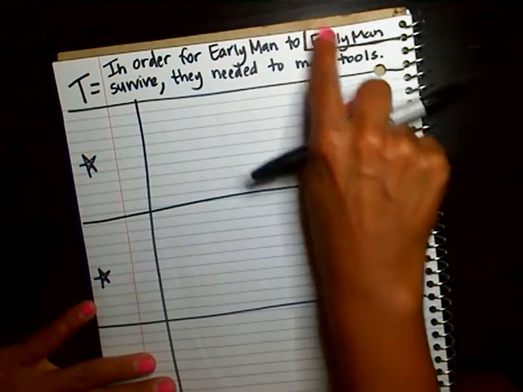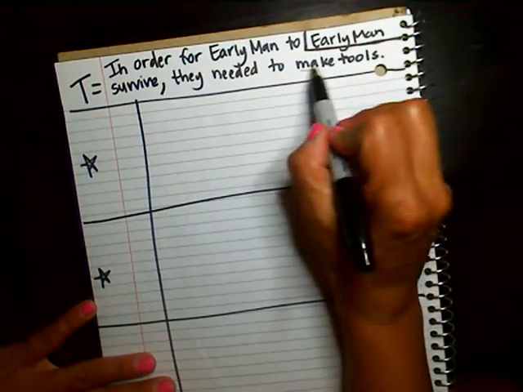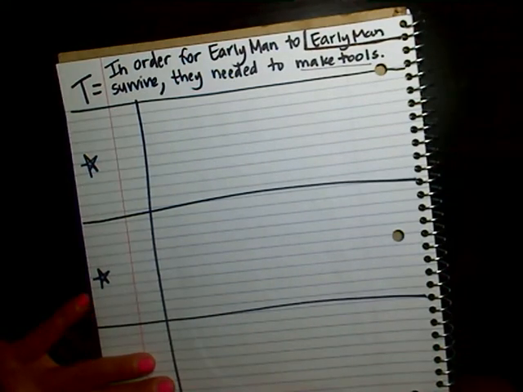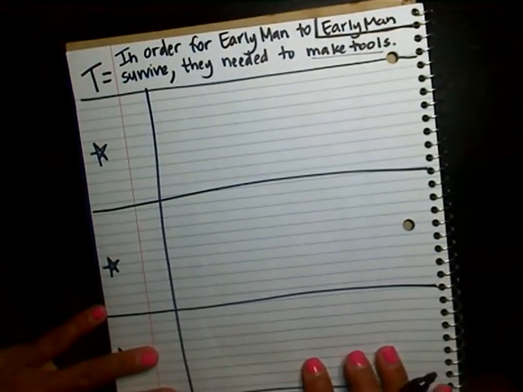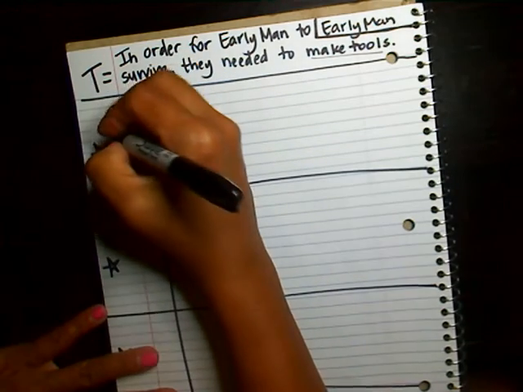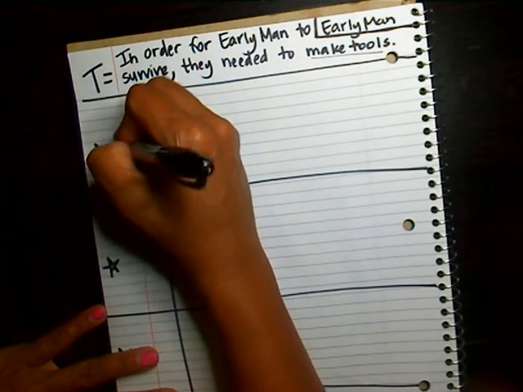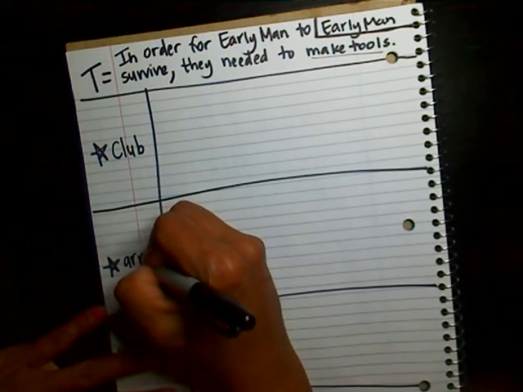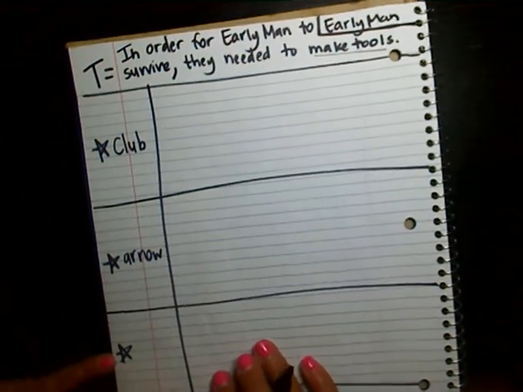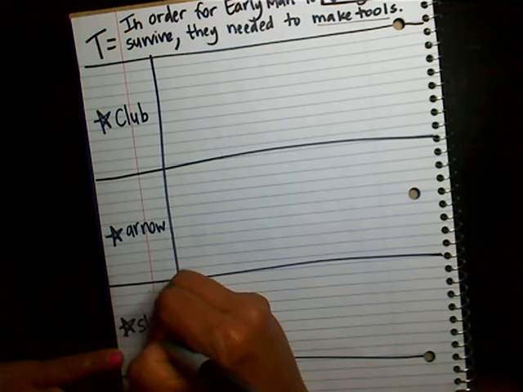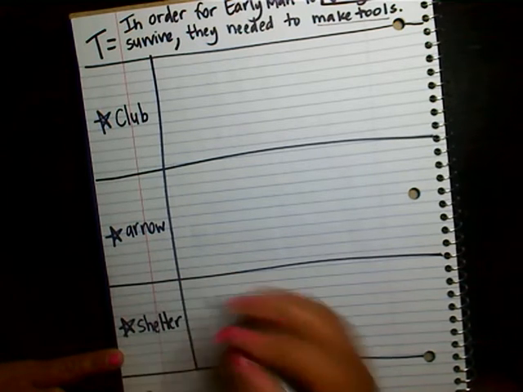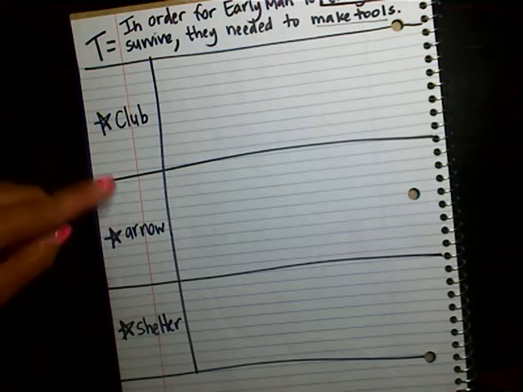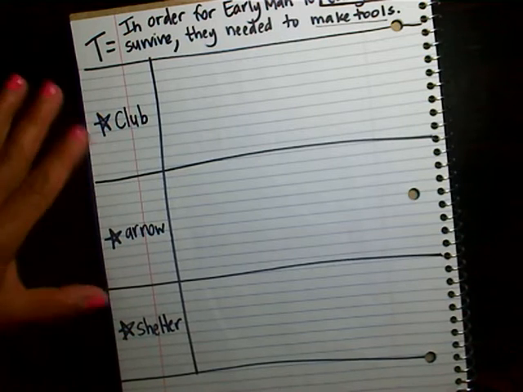Now, my topic again is early man, and today I'm going to tell you about the tools that he made. Some tools that the early man made were, and I'm just going to put it right here, his club, an arrow, and I'm going to write over here shelter. Notice how these are just one word each.